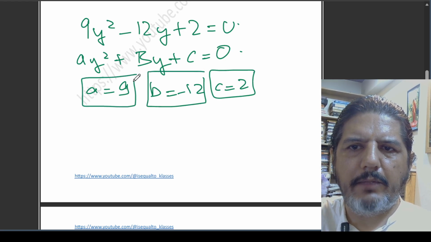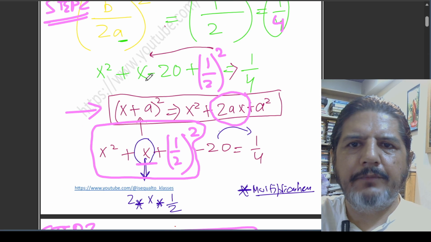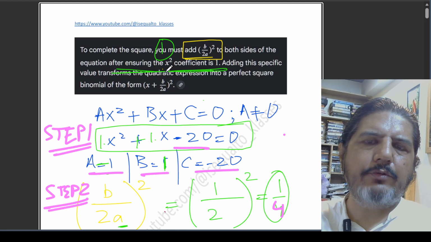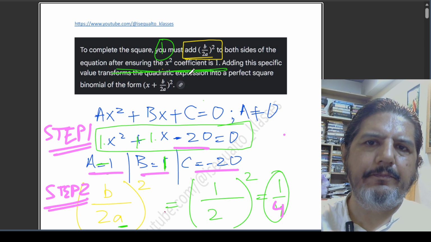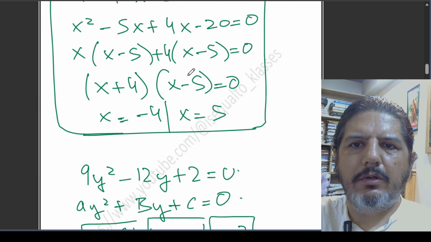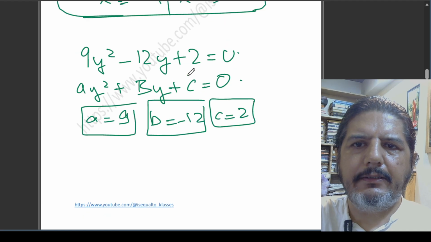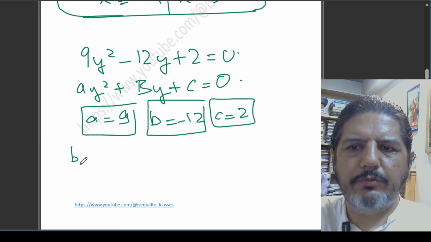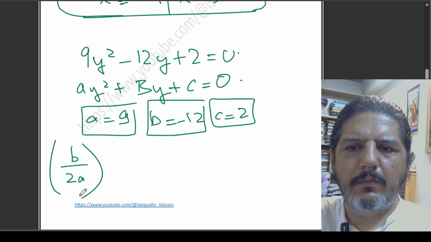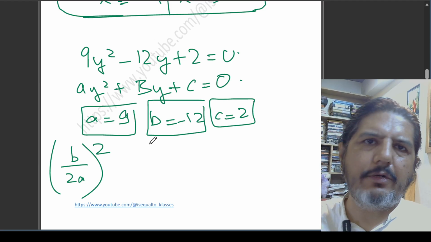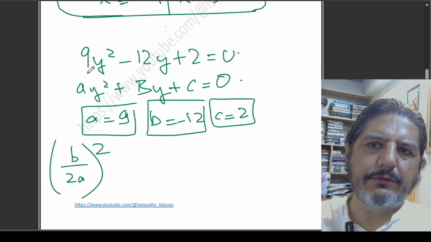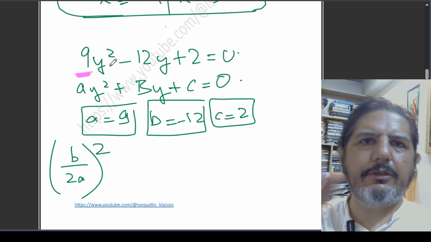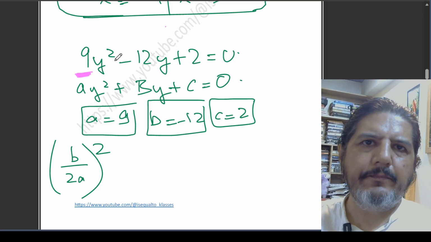Now my first instruction is that I should add b upon 2a whole square to both sides of the equation after ensuring that the x square coefficient is 1. So I can add b upon 2a whole square on both sides of the quadratic equation after ensuring that my coefficient of y square should be equal to 1.